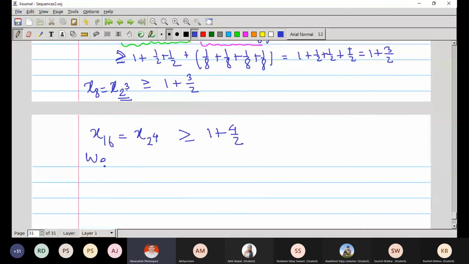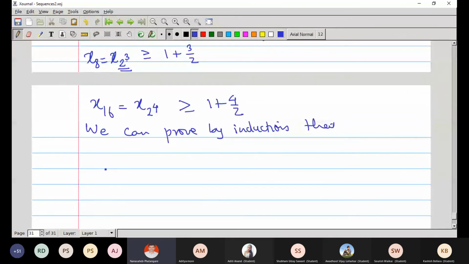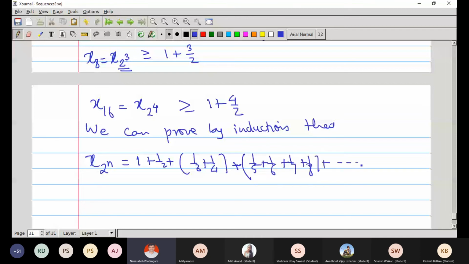We can prove by induction that x2 raised to n, what is x2 raised to n? 1 plus 1 by 2 plus 1 by 3 plus 1 by 4, just look at the bracket, 1 by 5 plus 1 by 6 plus 1 by 7 plus 1 by 8 and so on.